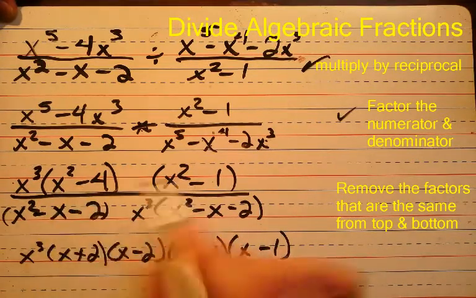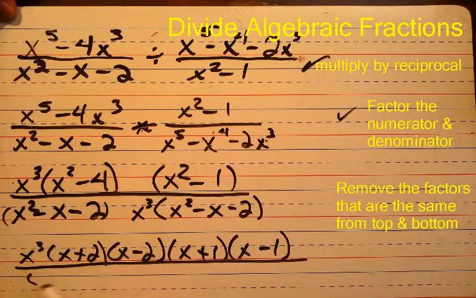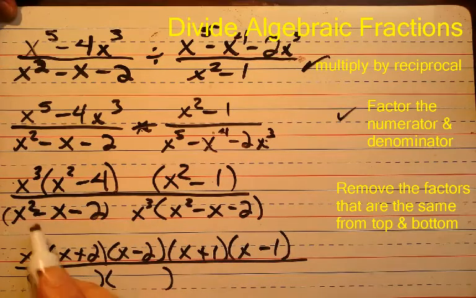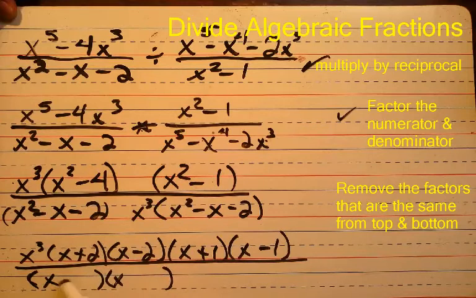So I factored. What's on the bottom? What makes x squared? So this is x times x. To get negative 2, it's just negative 2 times positive 1. That multiplies to be negative 2. That adds up to be negative 1, yeah.